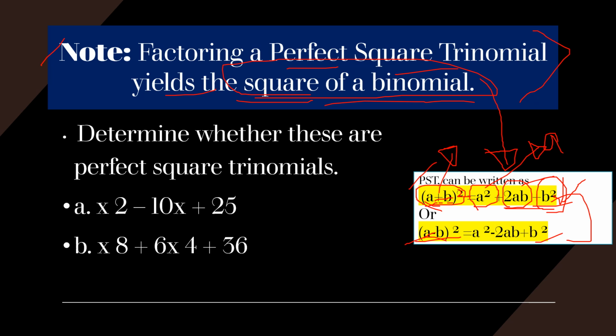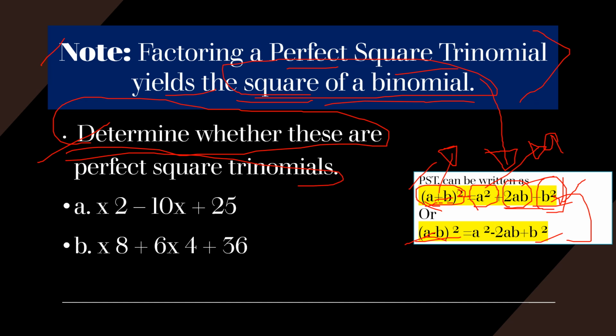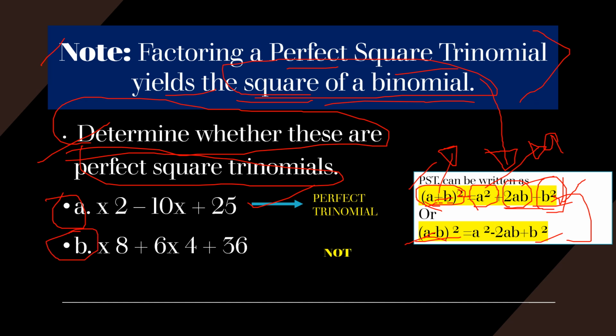How are you going to determine whether these are perfect square trinomials? So let's have letter A. Is this a perfect trinomial? It is. This is a perfect trinomial. How about letter B? Is this a perfect trinomial? It is not.